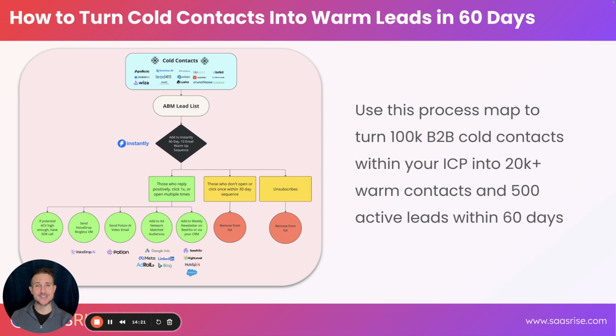So in 60 days, you could easily take 100,000 of those B2B cold contacts within your ICP, has to be targeted right, and then turn those into 20,000 warm contacts who are clicking on your emails, clicking on your ads, commenting on your posts, commenting on your posts on Instagram and Facebook. And then, you can generate about 300 to 600 meetings a month in the mid-market and about 30 to 60 meetings a month in the enterprise market through this cold to warm strategy.